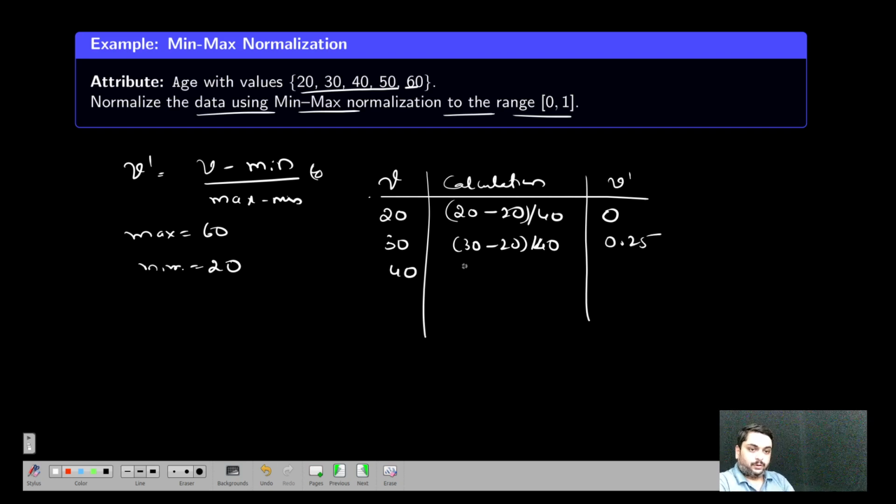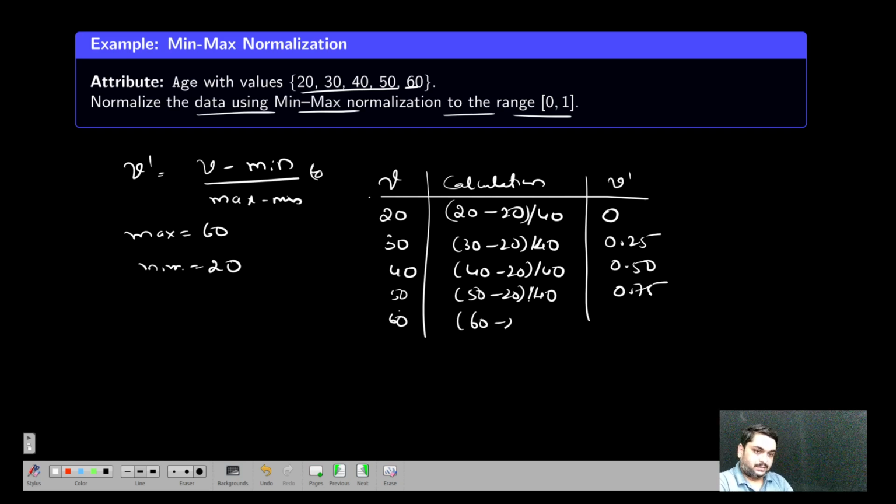Then 40: 40 minus 20 divided by 40 is 0.5. Then 50: 50 minus 20 divided by 40 gives you 0.75. Then the last is 60: 60 minus 20 by 40 will be 1.